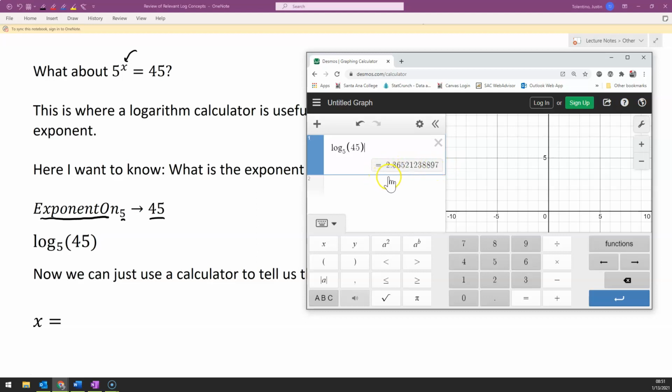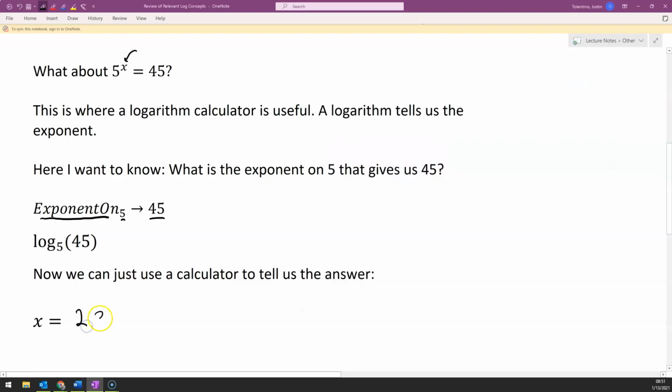If we round this to 4 decimal places, this would be 2.3652. And there we go. Answering this question, what's the exponent on 5 that gives us 45? That exponent could be found using the logarithm on the calculator. And we see that 5 to the 2.3652 power is about 45.